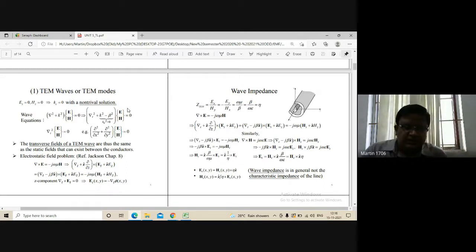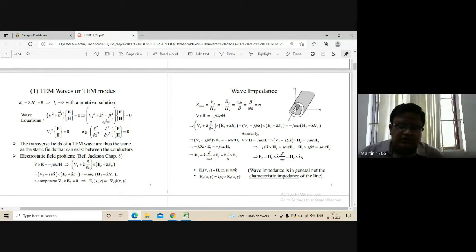So you can see the TEM mode. Here you can see the condition: electric field is zero and magnetic field is zero, where K is nothing but the wave number. It is a non-trivial solution, which means it does not exist with any of the field components.